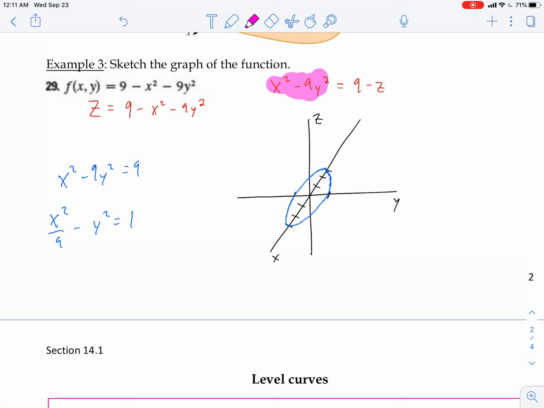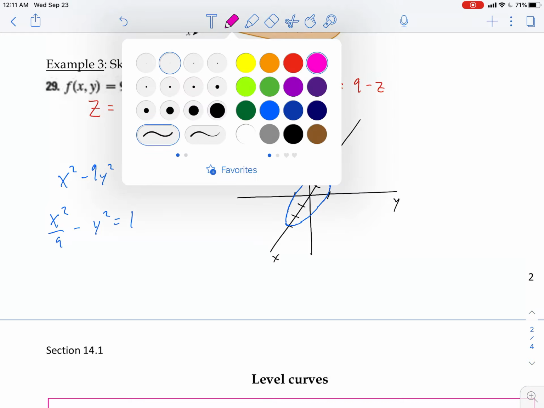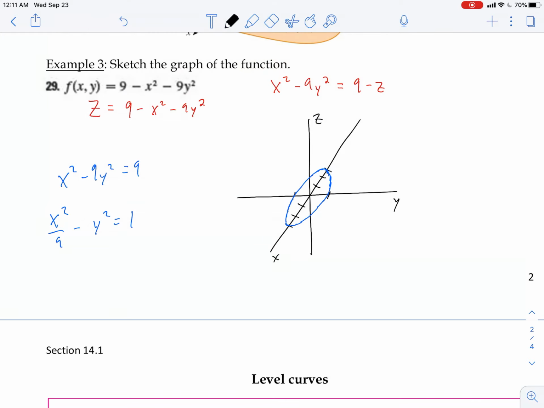And so that's where our elliptic paraboloid is going to start. Since it's negative z, it's opening up downward. So on the z-axis, I'm all the way up at 9: 1, 2, 3, 4, 5, 6, 7, 8, 9. Because it's negative z, it's going to open up downward.